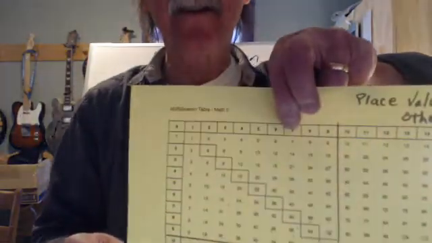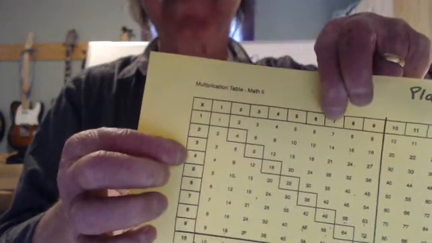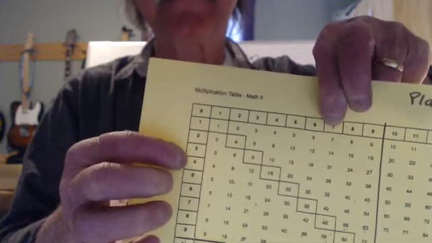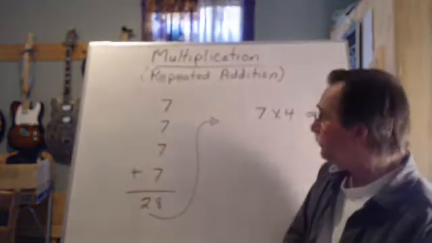You take your 7. There we are. I'll do it with the proper fingers here. There's my 7. I'll go down. I'll find the 4. There's the 4. And you go down and across, and you will get 28. Sorry, I can't do it backwards. I tried, and it doesn't seem to be working.